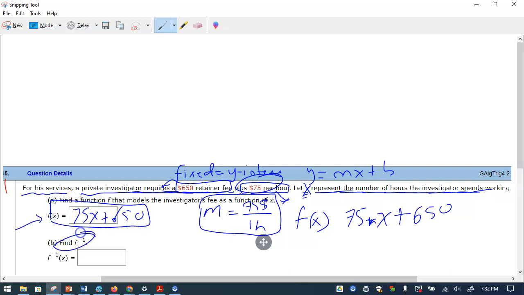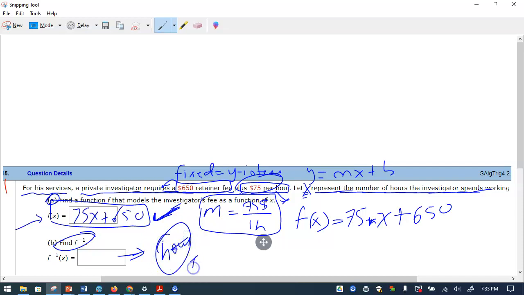Now you have to find the inverse function, and also what does it mean? The first part is you model the real-life problem into a linear function, and then you try to figure out the inverse. The domain is the x, the hours spent, the time.